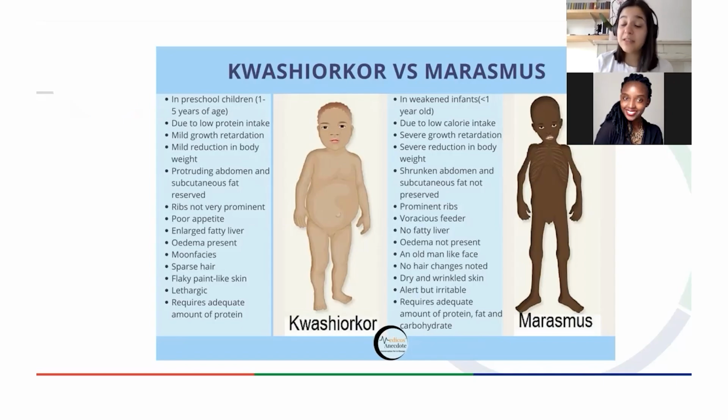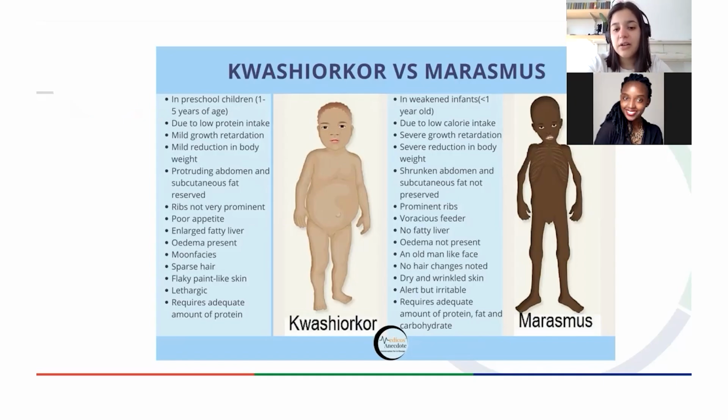Marasmus, on the other hand, is different. Marasmus happens usually in infants younger than 1 year old and usually due to low calorie intake. So this is where the malnourishing is due to low energy. There's a severe reduction in body weight. We see that the abdomen shrinks and we can see the ribs very clearly.